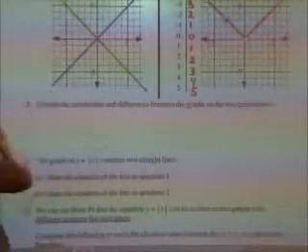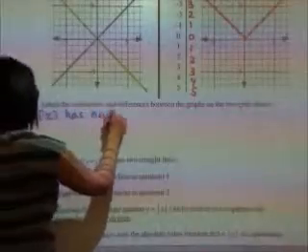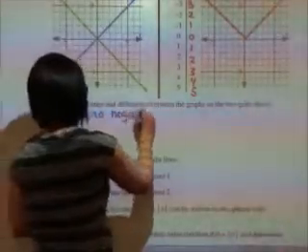So the biggest difference being that f of x has no negative y values.